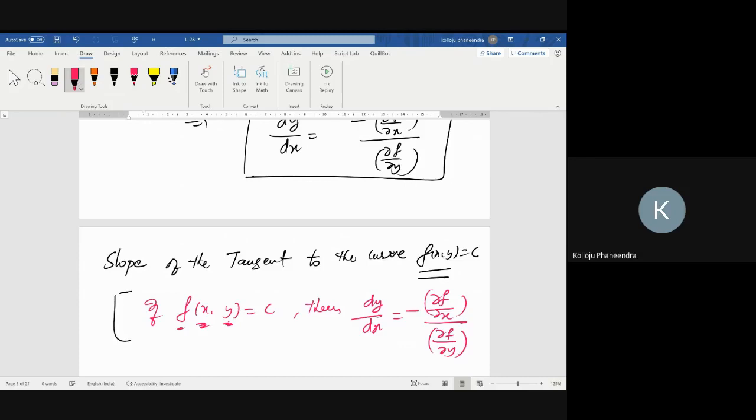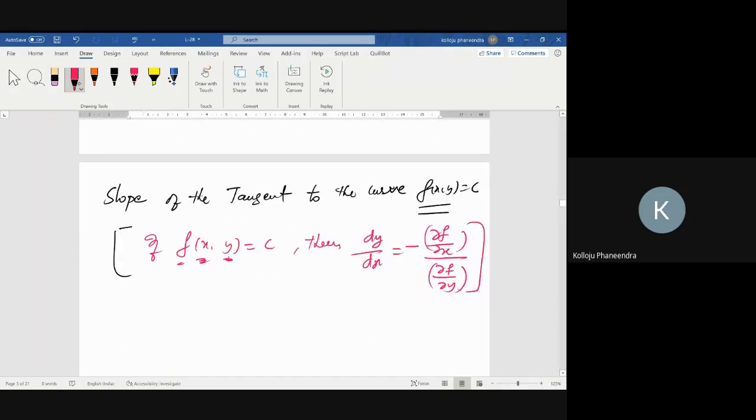That's it. Put a minus sign. If it is φ(x, y) = c, then what is dy/dx? −(∂φ/∂x)/(∂φ/∂y). Okay, this is how to remember this dy/dx.